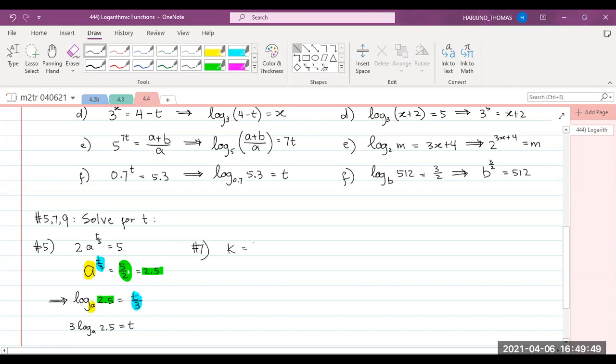k equals h minus c a to the t. So I will subtract by k. I will add c a to the t. And then divide by c.